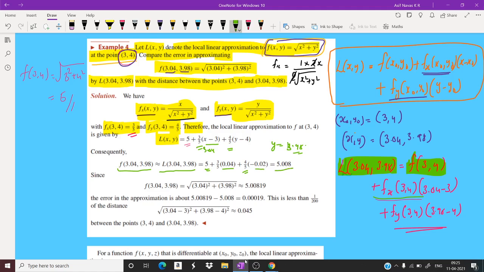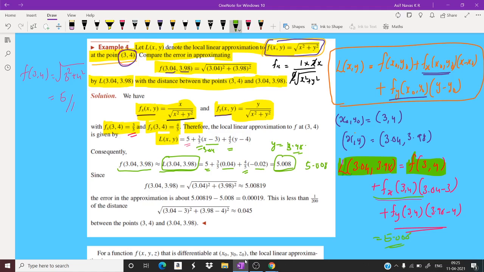So the value is 5.008. From the local linear approximation L of (x, y), by using the formula, we get the value 5.008.